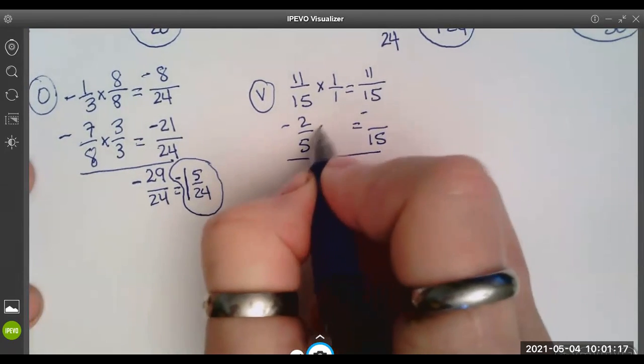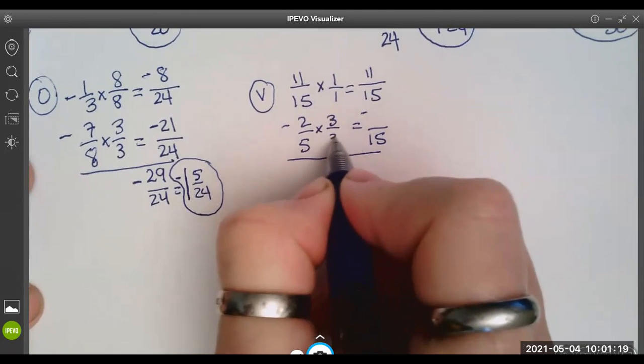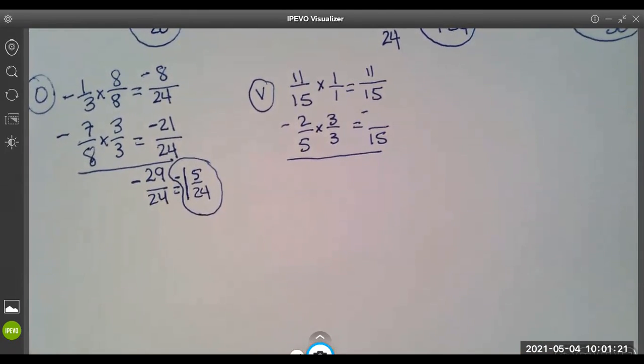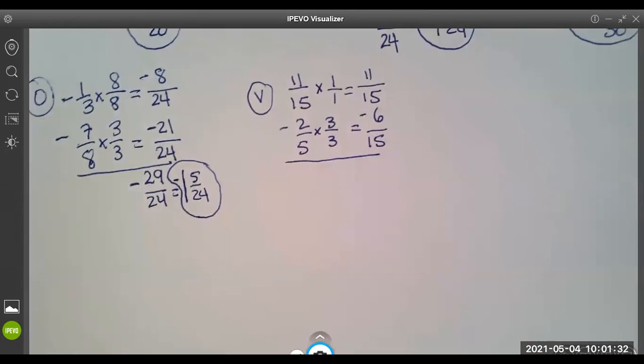Three over three. So what's the new bottom fraction become? Yep, -6. Okay, are they the same sign? Are those the same sign?